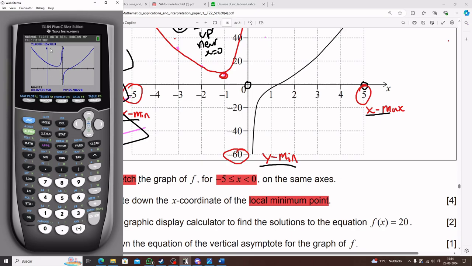So basically, you're asking the calculator, within this area, within these two bounds, give me the minimum. And the last thing you have to do is press guess, and this is only if within those two bounds, you have more than one minimum. Your calculator doesn't need help guessing, let's be honest. But the guess function helps you choose a minimum in case you had more than one. In this case, there's only one, so you press anywhere near, boom, there's the minimum.